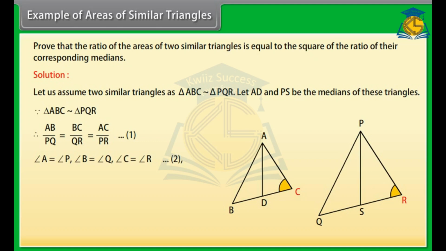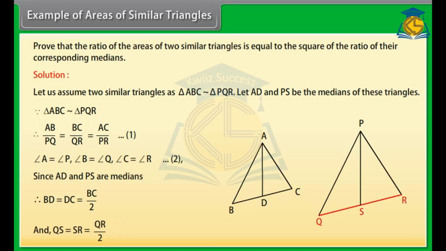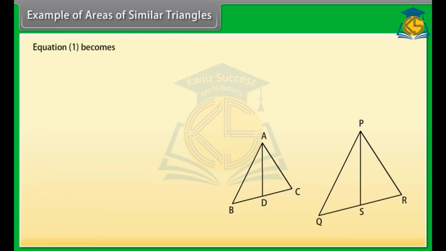Mark it as 2. Since AD and PS are medians, therefore BD is equal to DC, which equals BC upon 2, and QS is equal to SR, which equals QR upon 2. Equation 1 becomes AB upon PQ equals BD upon QS, which is equal to AC upon PR, which is equation 3.